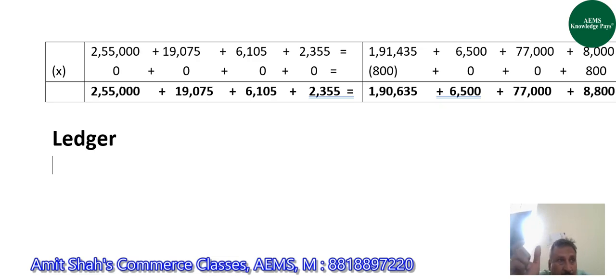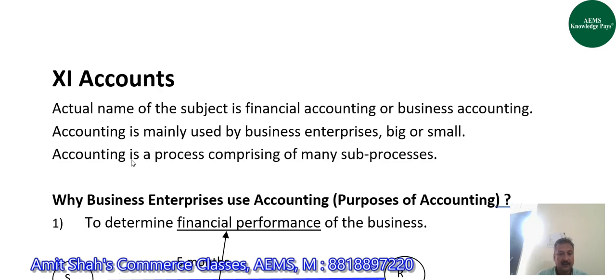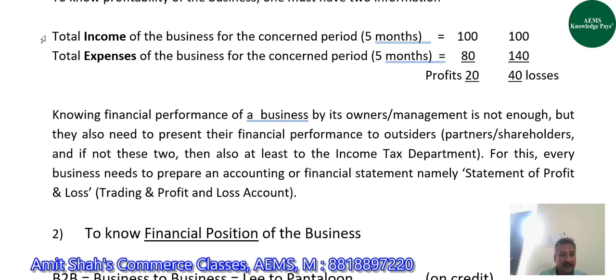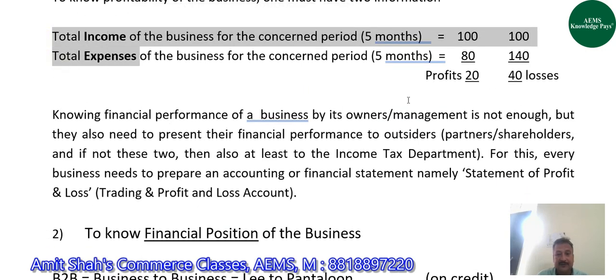Until we know total expense or total income, we cannot determine it. This is what I taught in my very first class, if you remember, right? Until we know total income and total expense of the business, we cannot determine profit or loss. Am I correct or not?